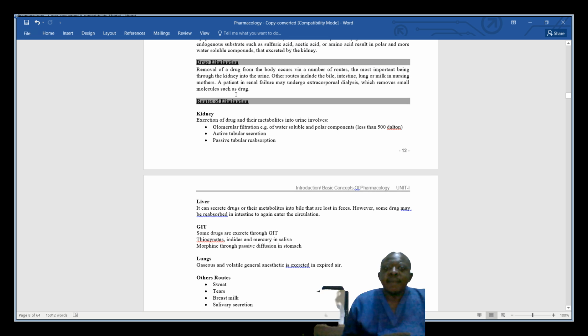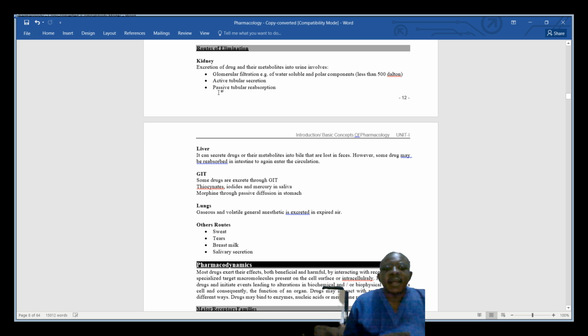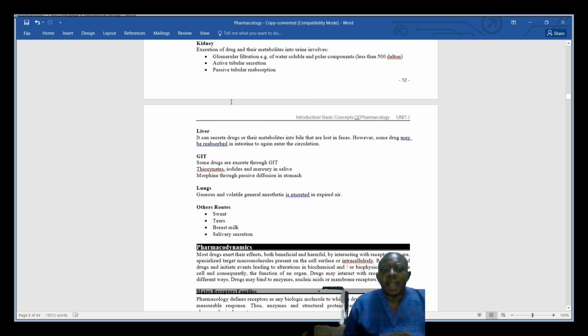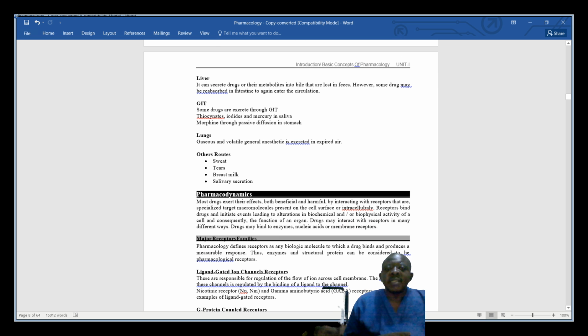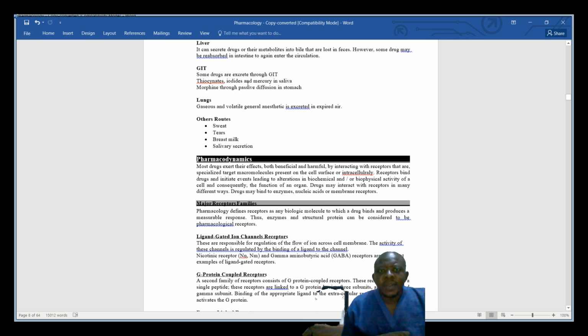Then we talked about drug elimination, the drug being taken away from the body. Chiefly the kidney is involved in the elimination of the drug. Also the liver conjugates the drug and releases it through the bowel, and it comes out through feces. The GIT is also involved in the excretion of the drug, and we gave some examples.